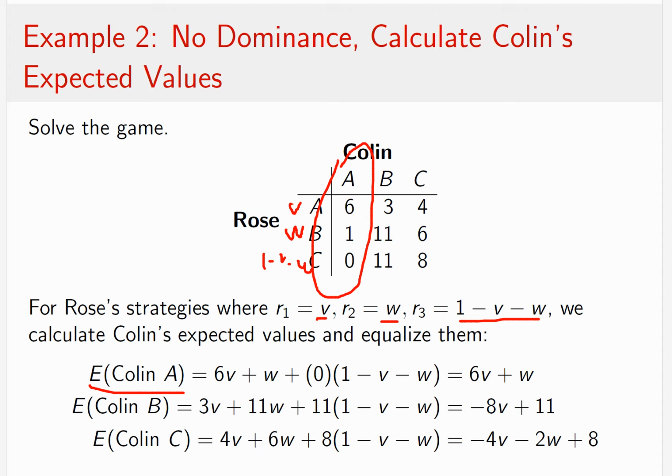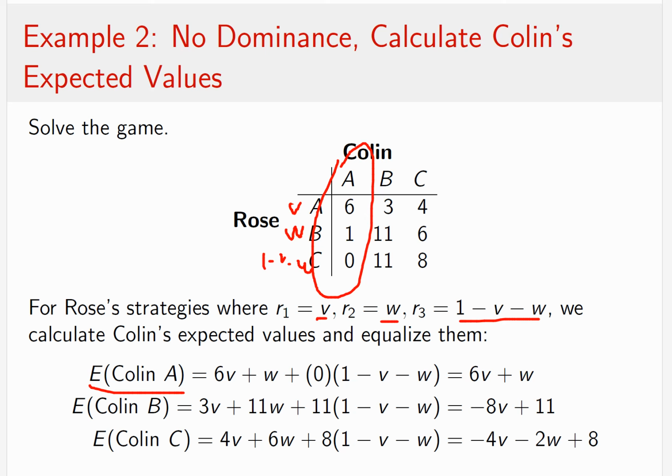I tend to use S and T and V and W. Some people use X's and Y's. I don't like using those because we tend to think of those as coordinates, and X tends to be Rose's outcome, and Y tends to be Colin's outcome. So we already have a use for some of these symbols. So I've chosen these, right?